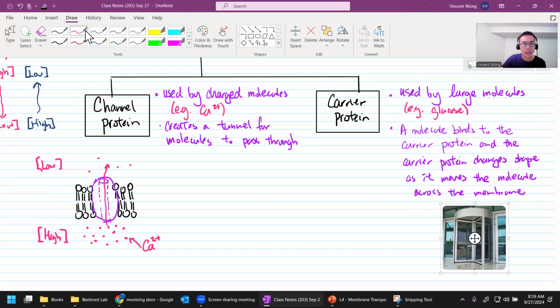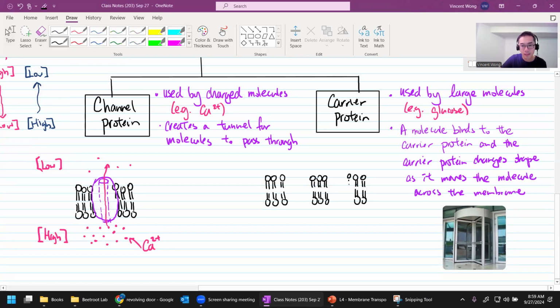Okay, so let me draw it out for you. Again, we will draw the lovely plasma membrane. Okay. Remember the tails are the hydrophobic stuff, right?